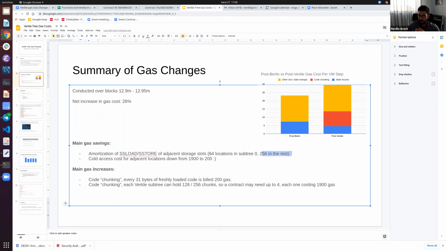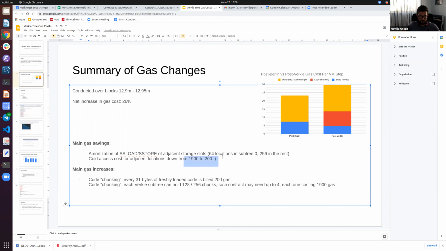And then the rest of the storage instructions are chunked 256 at a time, right? And so what that means is that if you've got flat global variables, that's fine. They're probably going to fit in the first 64 locations. But when you use maps or when you use arrays, every one of these will be, and in the case of maps, every different key value will be in a different subtree.